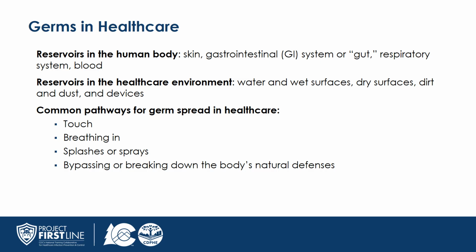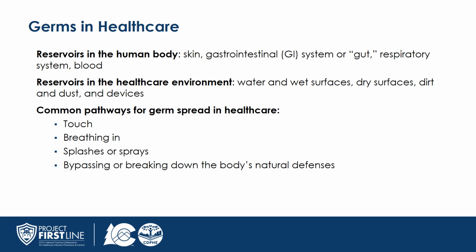And as the germs have their reservoirs, they also have their pathways. There are a few common pathways for germs to be spread from reservoirs in healthcare. These are touch, breathing in, splashes or sprays, and bypassing or breaking down the body's natural defenses.